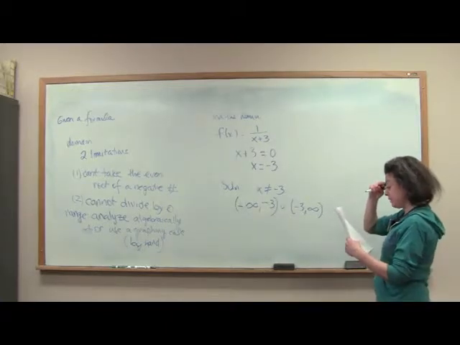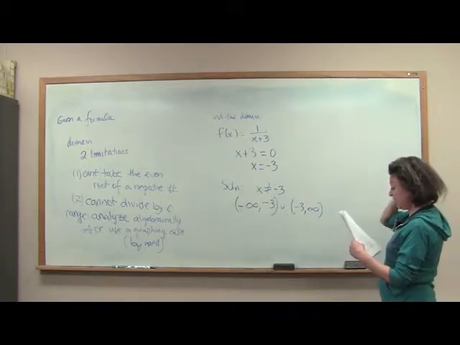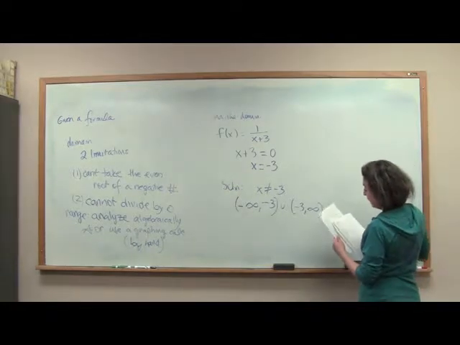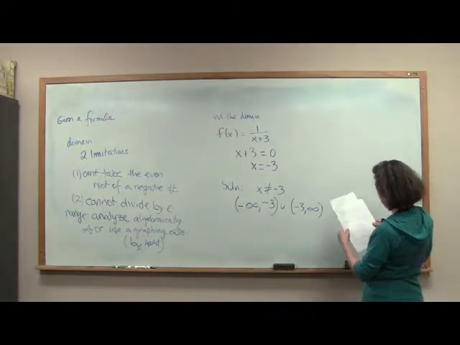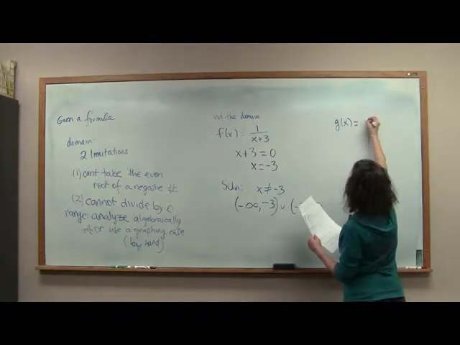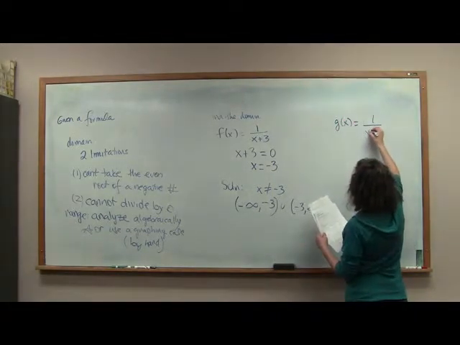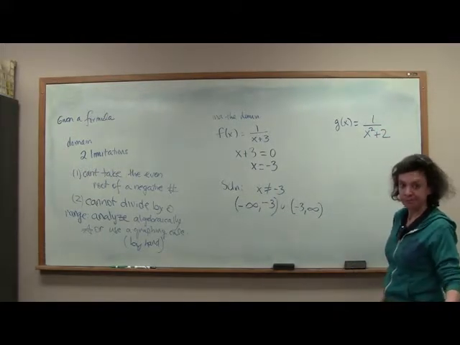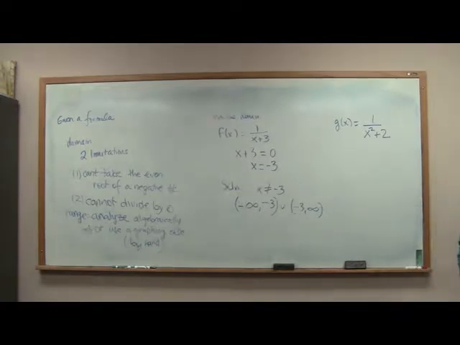All right. So what if I want us to find the domain of this one? 1 over x squared plus 2. Again, I have to ask myself those two questions.